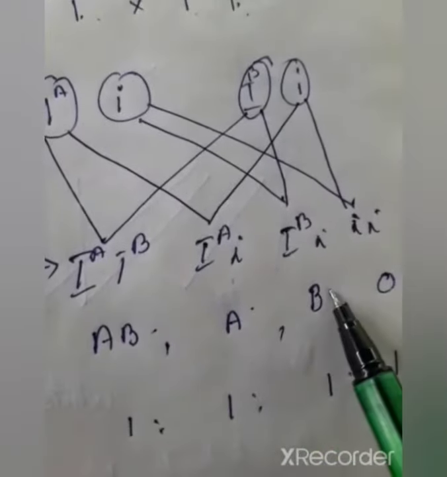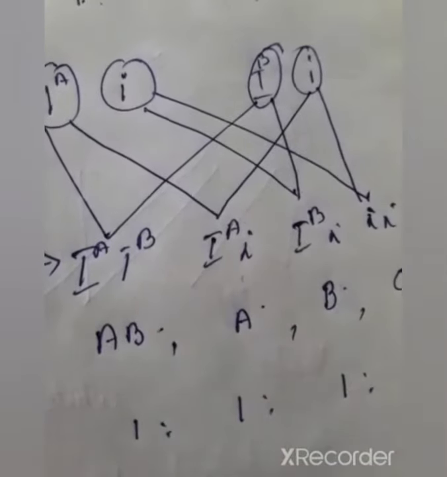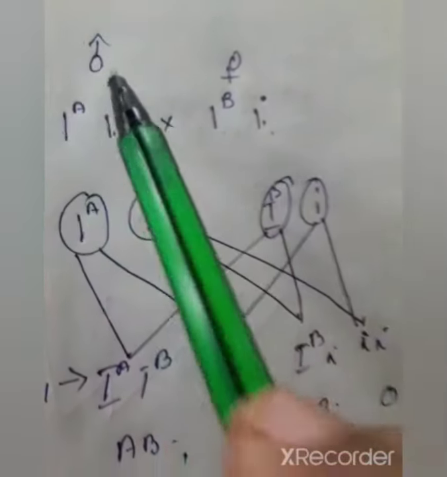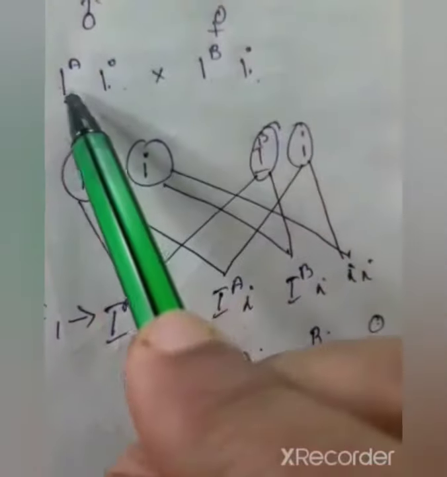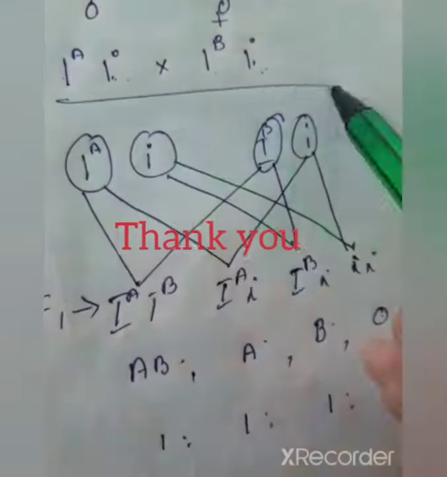In the F1 generation, A, B and O groups are all coming. Parent gametes are IAI, IBI. Okay.